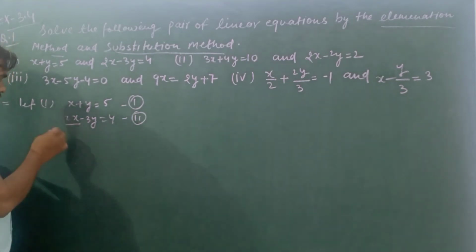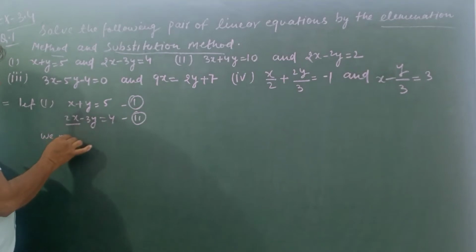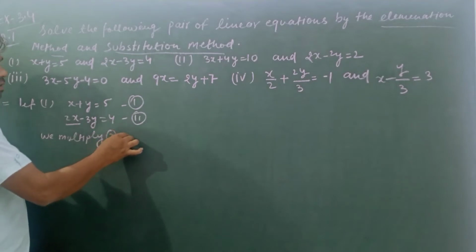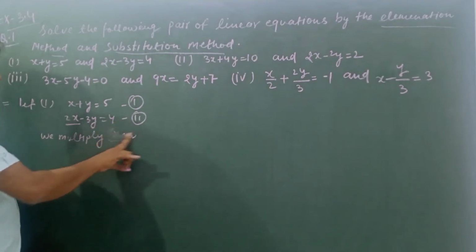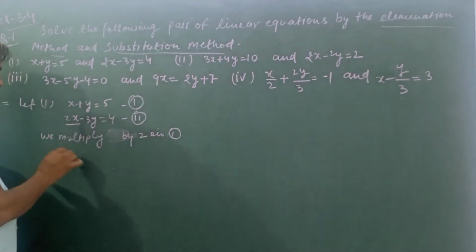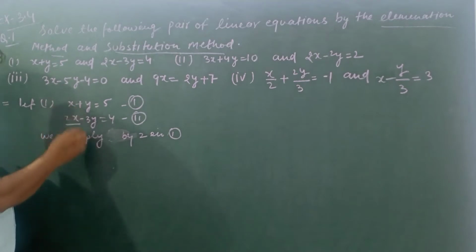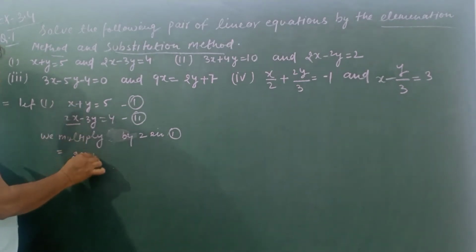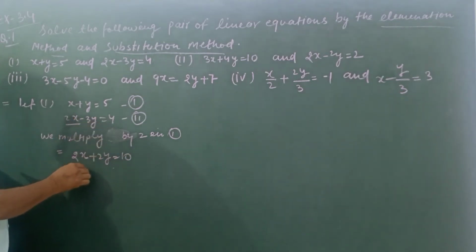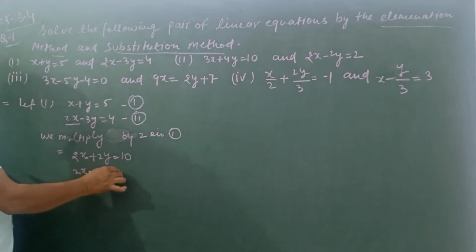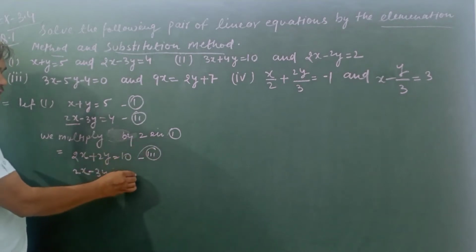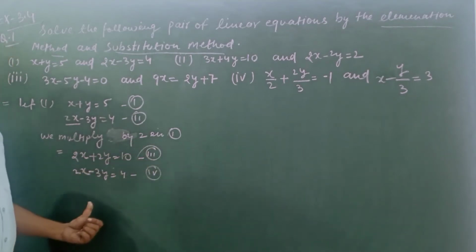So we multiply equation number 1 by 2, and we get 2x plus 2y equal to 10, and the other equation is 2x minus 3y equal to 4. This is equation 3 and this is equation 4.